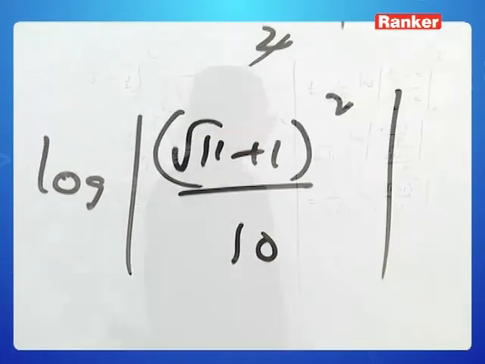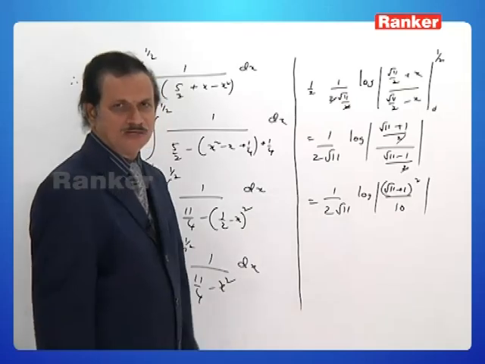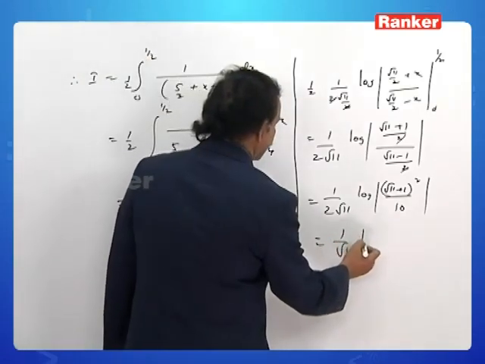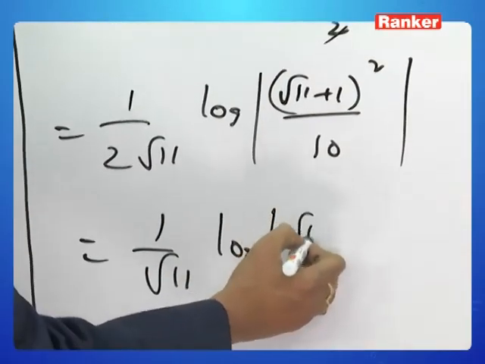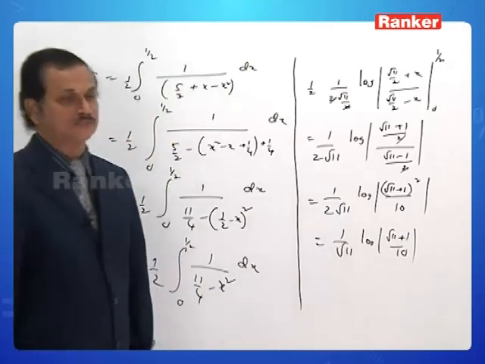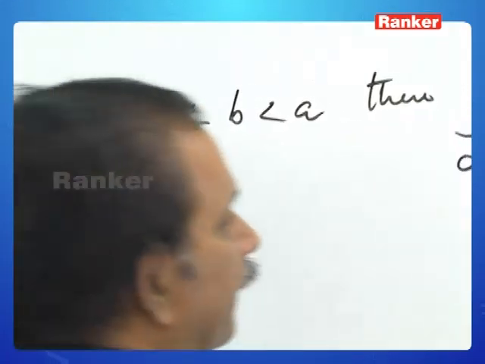Yes, and the 2 and 2 will go away, so that 1 by root 11 into log mod root 11 plus 1 by 10 is the upcoming answer. If you follow that, it's a beautiful problem. Let me call this I.